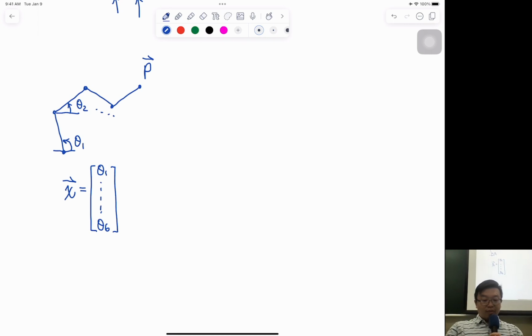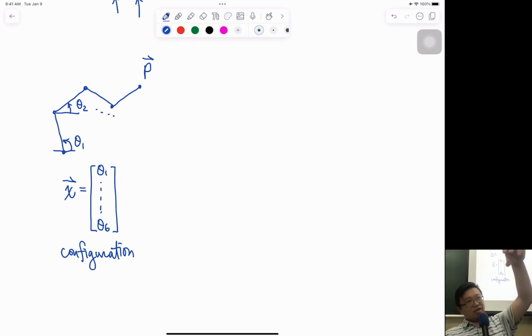And I'm going to call this a configuration, because every position a robot stops at, you can call a configuration.